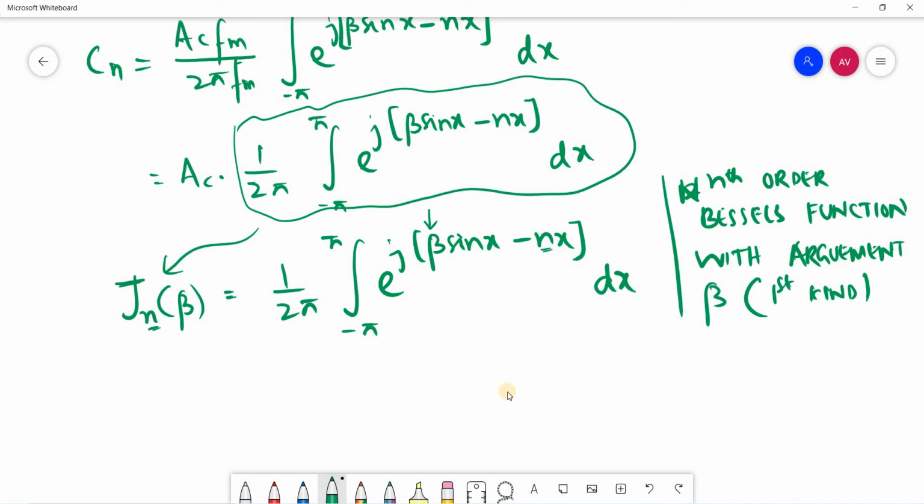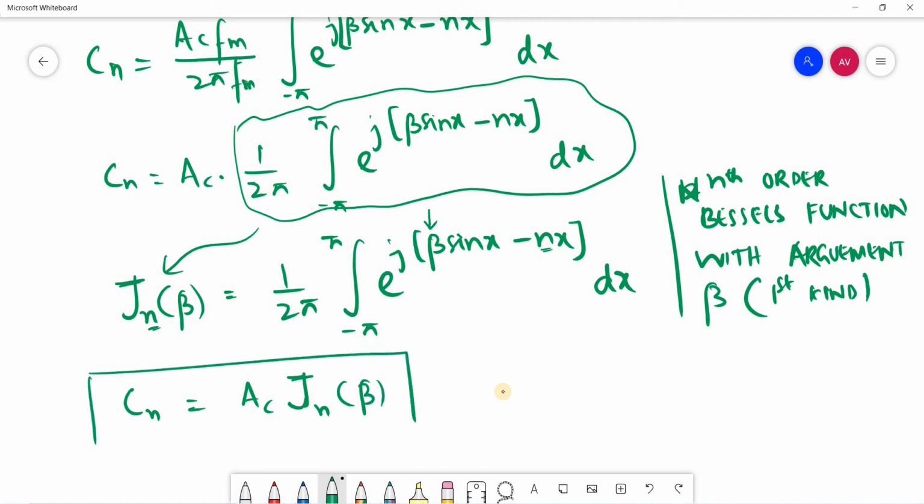So for instance, please appreciate, we can rewrite this particular integral using a first kind nth order Bessel's function with argument equal to beta. So now I'll rewrite the Fourier series coefficient Cn as AC times Jn of beta.